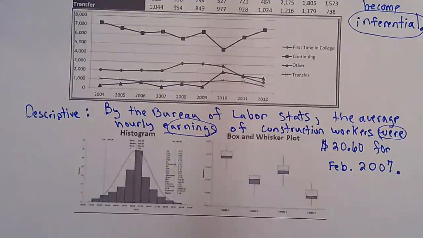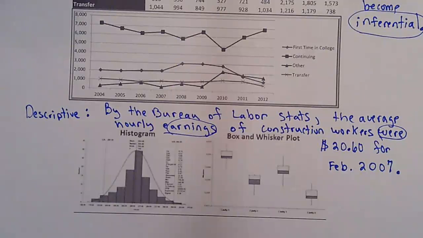That would be an example of something descriptive. They are doing a calculation because they have everything they need to look at and could come up with a calculation for that.